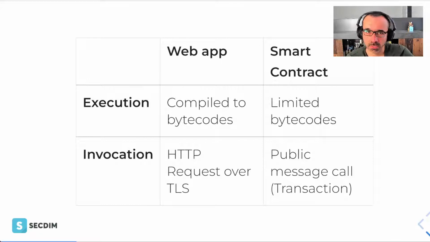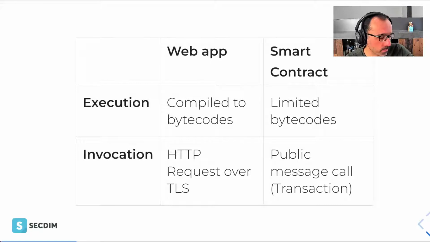The other interesting thing to remember is that a lot of relearning needs to happen when we approach smart contracts, and that has to do with the way that clients or users are able to send a request.